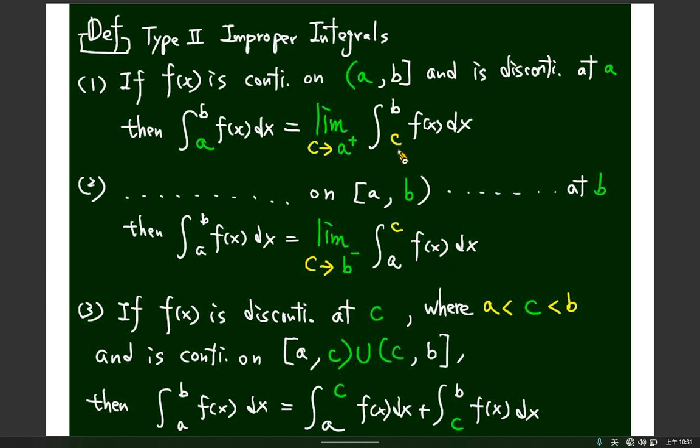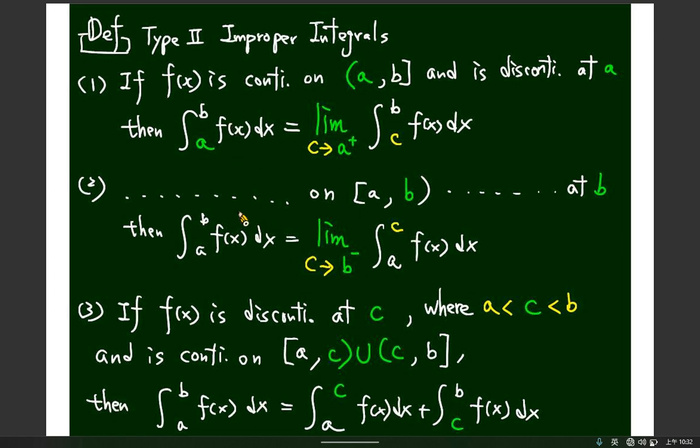So we set a temporal variable c between a and b. Then we can calculate the integration from c to b of f of x first. Now we push c to a plus. That means it is very close to a, but not exactly a. Then we define this as the improper integral for this form.